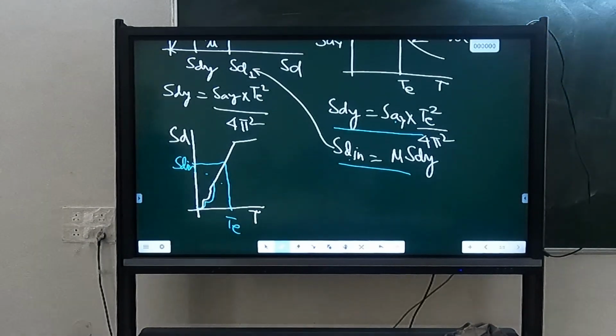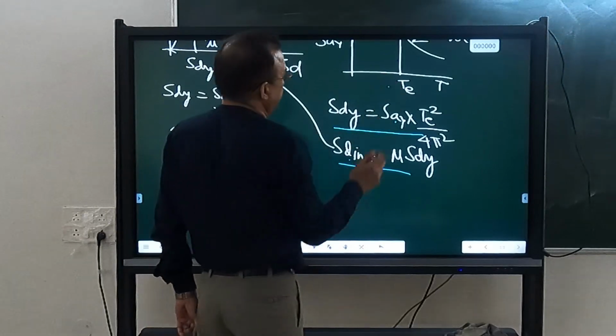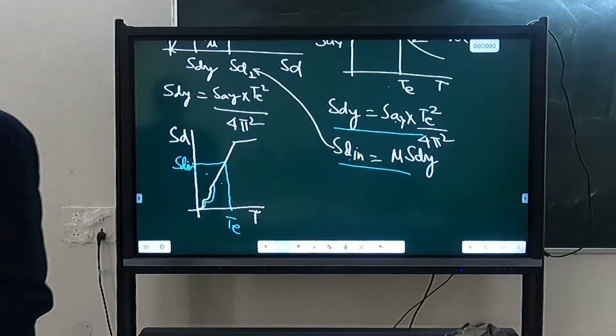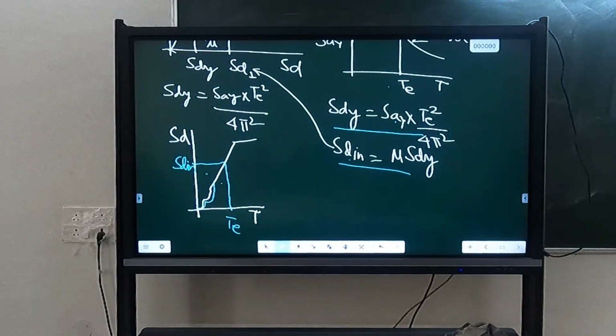Only thing you have to keep in mind is that in case of the constant ductility yield spectrum method, the demand response spectrum is to be read with TE, the initial period. Whereas in case of the equivalent linearization method, it was to be read with T equivalent. That difference is very big.